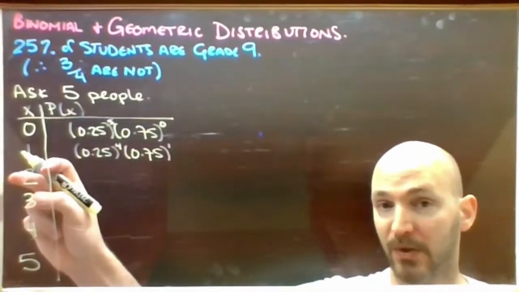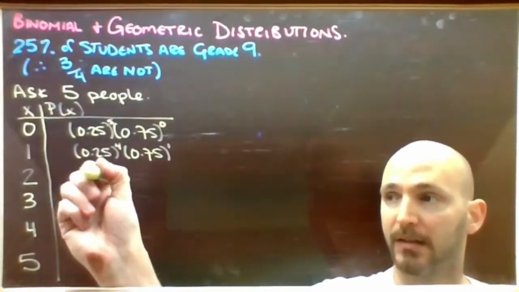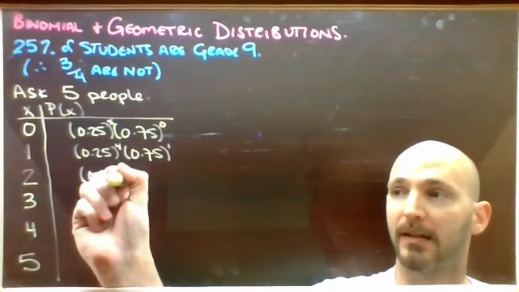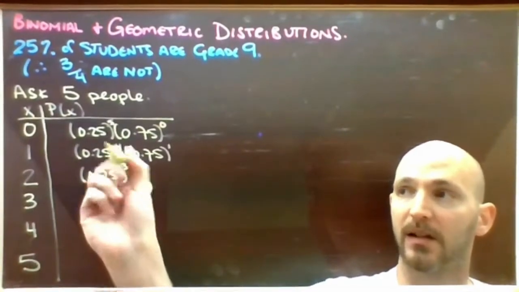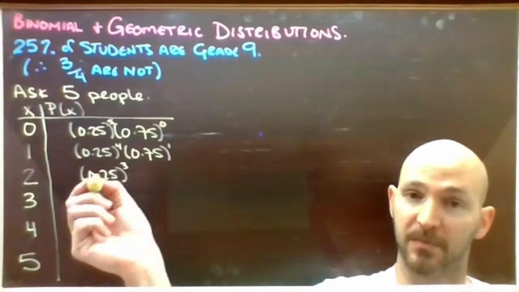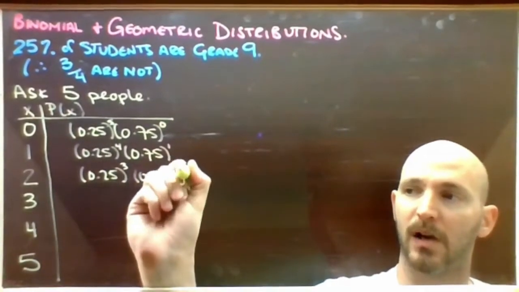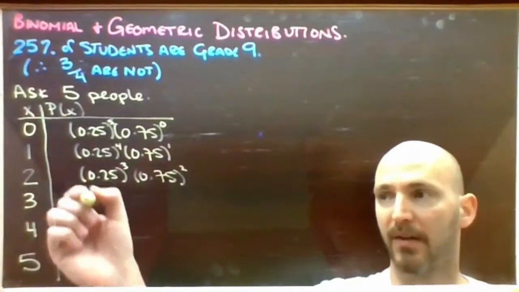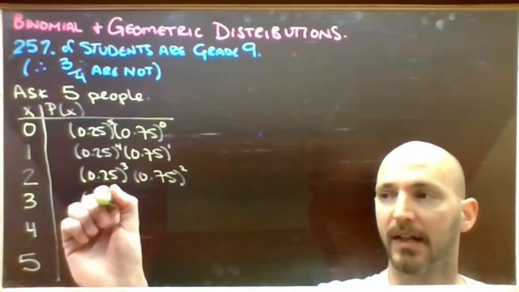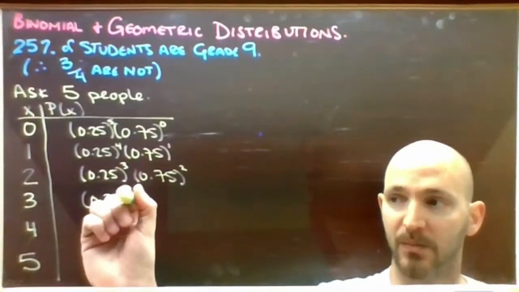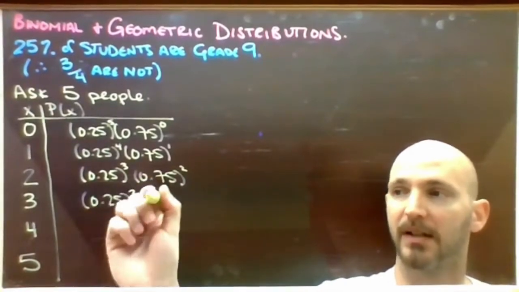If I find 2 people that are not in grade 9, then 3 of the 5 people I asked must be in grade 9 and 2 are not. If I find 3 people not in grade 9, that means the balance of 2 people had to be grade 9s.